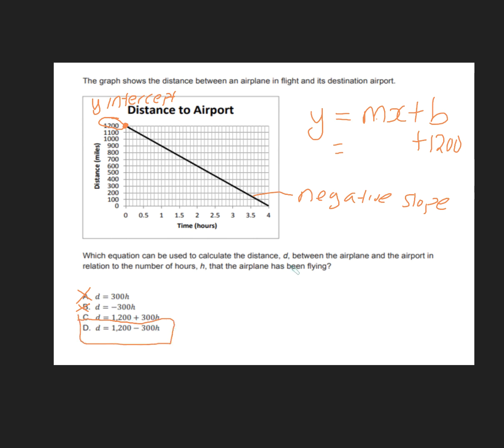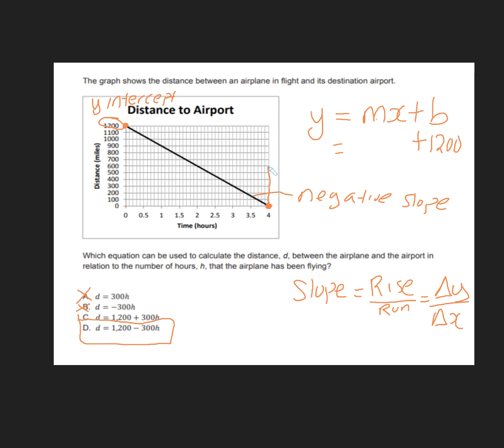Now, if you actually want to calculate the slope, I'm going to use this 1200 and I'm going to use this point right here. So basically, slope, when you have a graph, we like to use rise over run. Or if you want to, you can use the change in y over the change in x. Let's see how our changes go. So I'm going to draw my triangle. And you all know I like to do my rise as a positive.